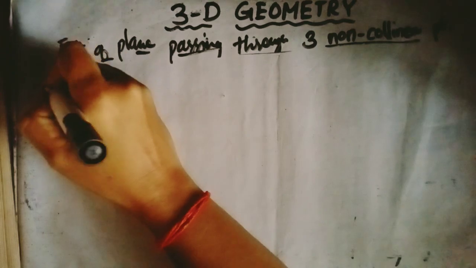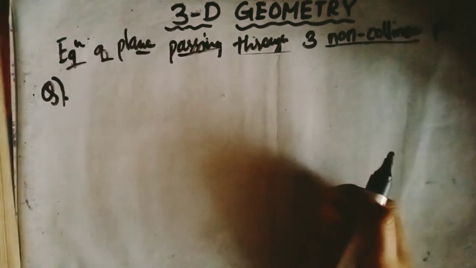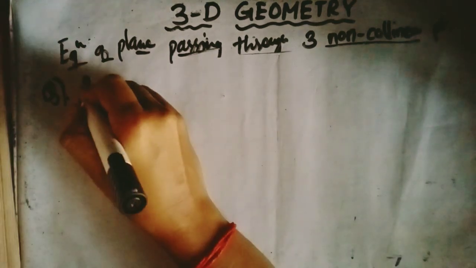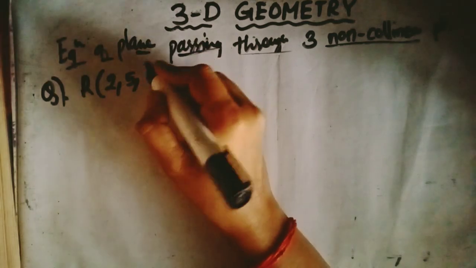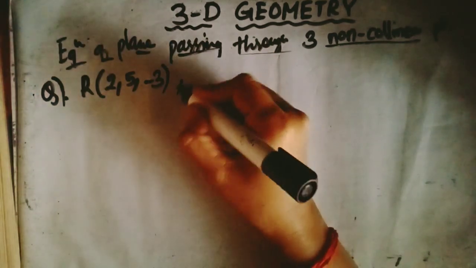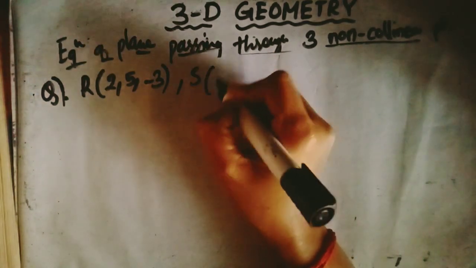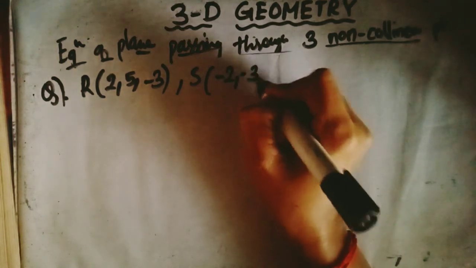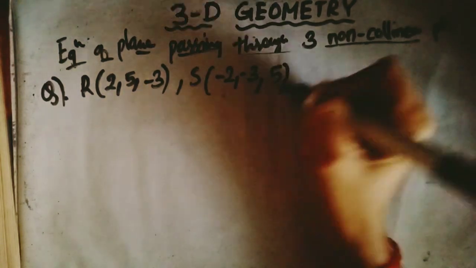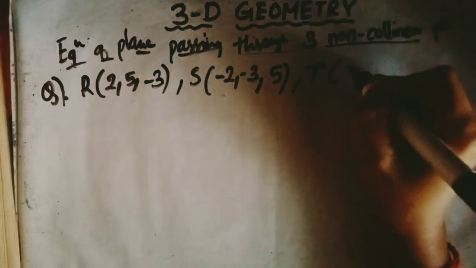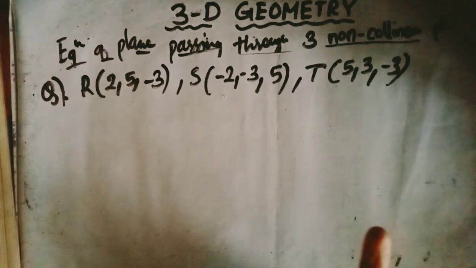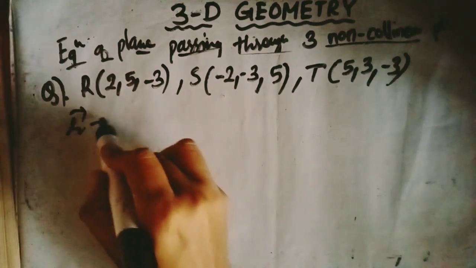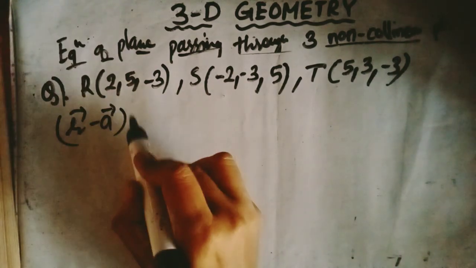Let's solve one question. Find the vector equation of the plane passing through the points. Your points are given: R (2, 5, -3), S (-2, -3, 5), and T (5, 3, -3). So vector form: (r - a) dot.